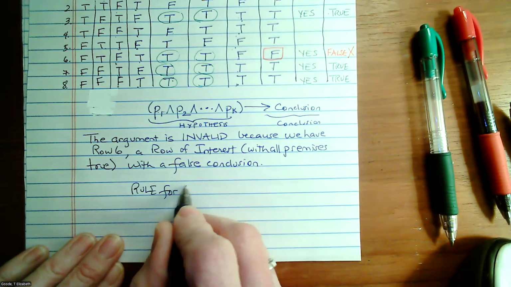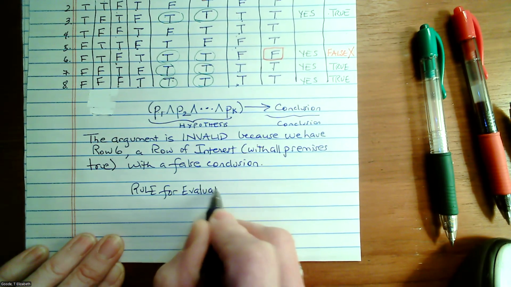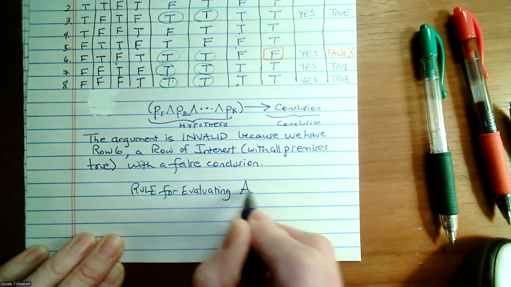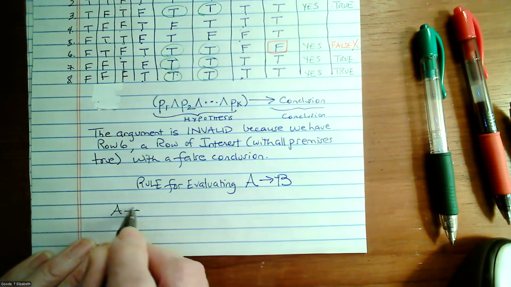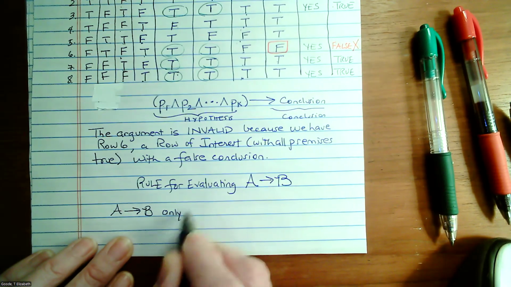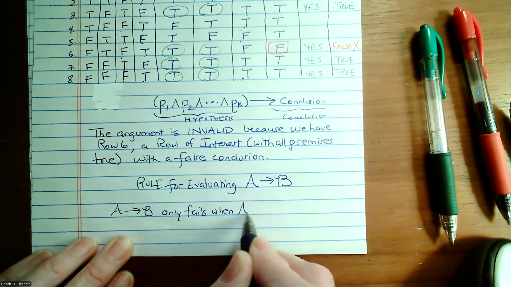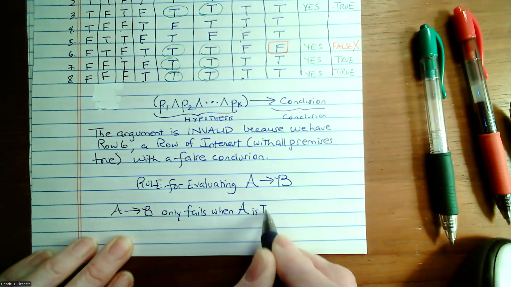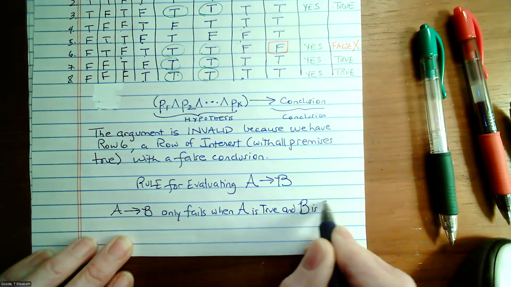for evaluating. I'll use if {A}, then {B}. If {A}, then {B} only fails when {A} is true and {B} is false.